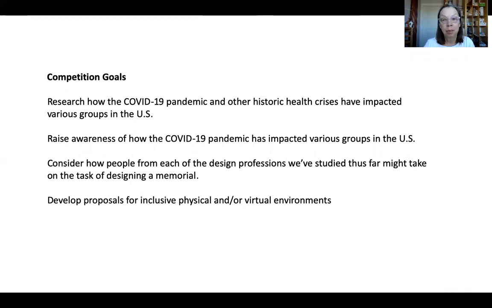The polio epidemic might be another crisis that greatly influenced a number of people in the US. We want to raise awareness of how the COVID-19 pandemic has impacted various groups. So some groups have been far more affected than other groups in the US, and I think it's important for us to take a look at what those groups are and why those groups have been impacted.